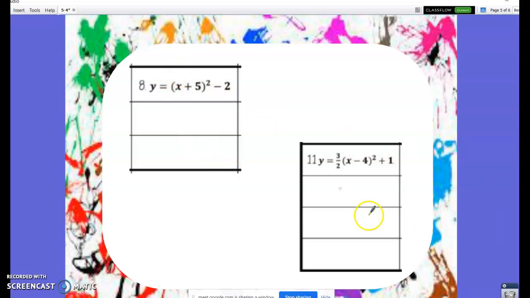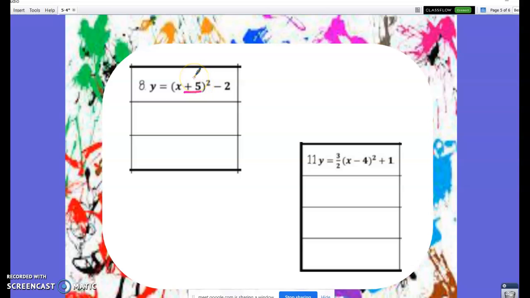So let's go through and look at these equations and determine what's changing. So in this one, is there an a value? Is there a value in front of the parenthesis? There's not. So it's not going to be a stretch or a compression because it has no a value. Next, we look at our h value.